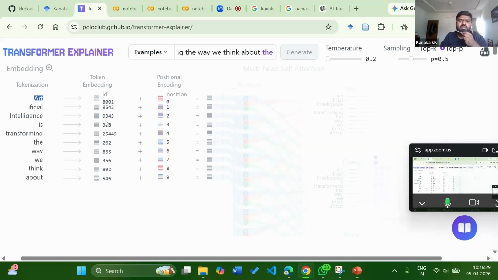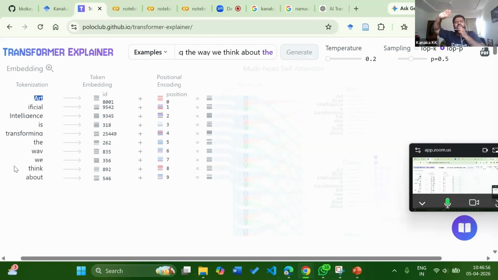In the GPT-2 model, we call it the vocabulary size. The entire English vocabulary is made into 52,000 tokens. How many tokens are present in GPT-2? 52,000 tokens. Models like Claude have 1 lakh tokens.